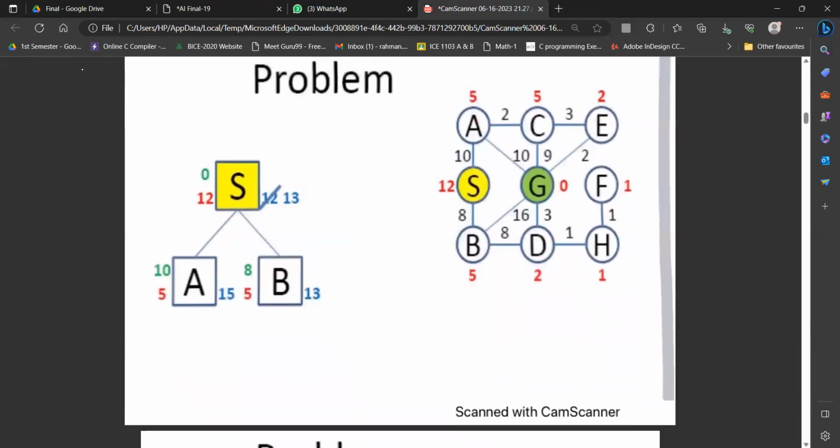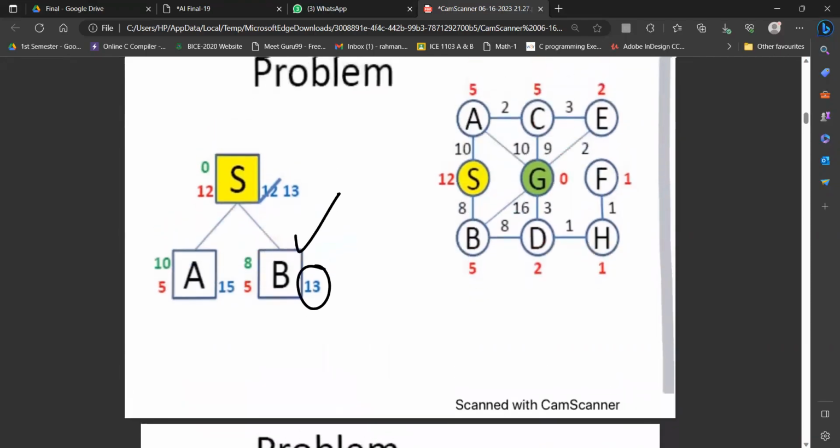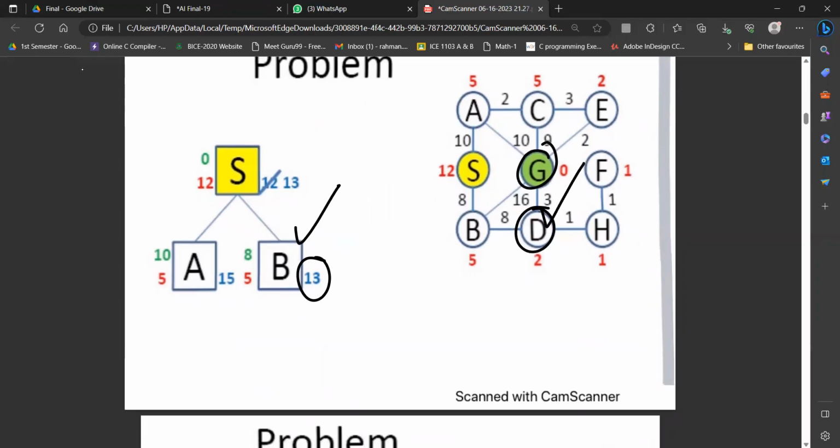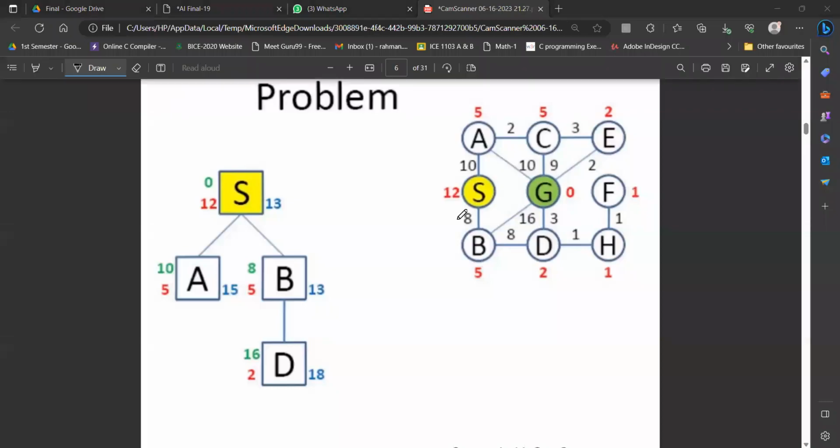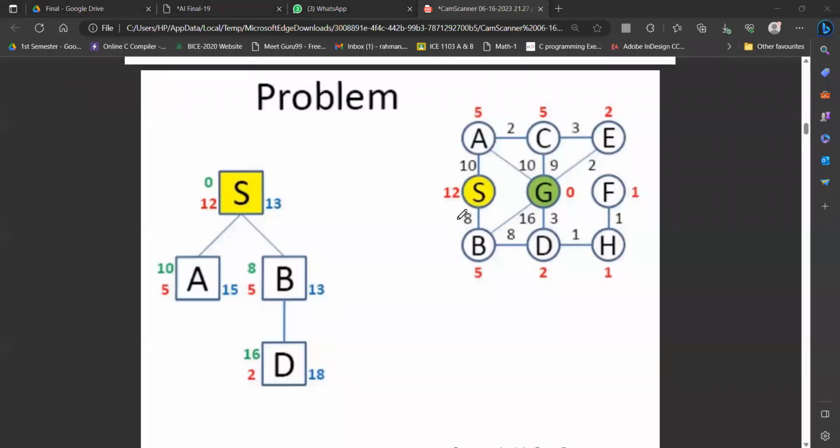Now moving on, we can have a maximum of 4 nodes. So which one do we explore next? We explore the child which has the smallest F value, which is B. Now exploring B, the children of B are D and G. Alphabetically, D comes first, so we are exploring D first.